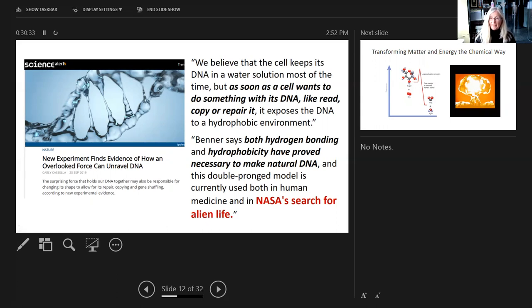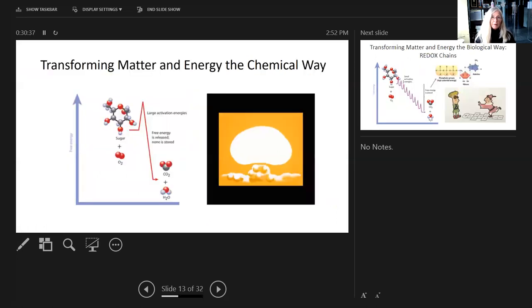Let's get back to energy and talk about some of the chemical reactions we're discussing here. Okay, so back to transforming matter and energy. There's the chemical way, which is probably how this all started way back in the beginning. I'm sure there was a lot of this sort of thing, where notice in this case, we have a sugar molecule, right? That's glucose right there.